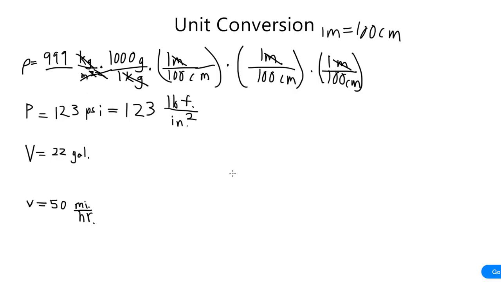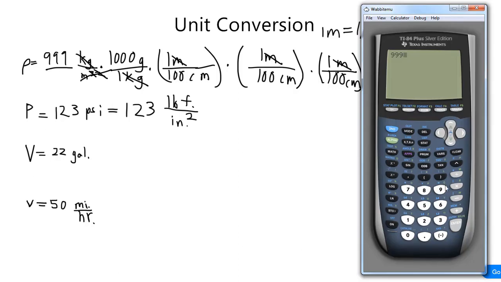And water is incompressible, so it's always said to be this. Well, I guess water can be compressible, but anyways, now we just have to multiply that by 1,000, and then if we divide it by 100 cubed, we should get our answer in the end.